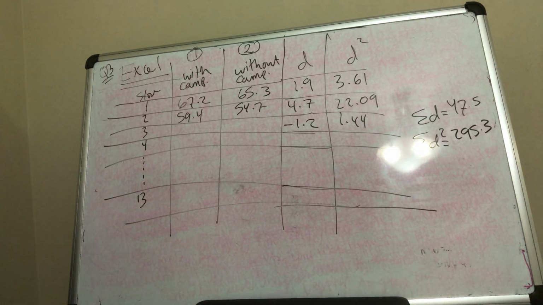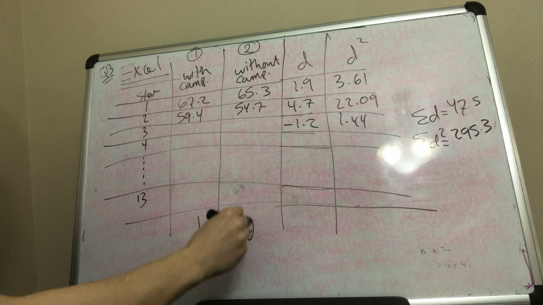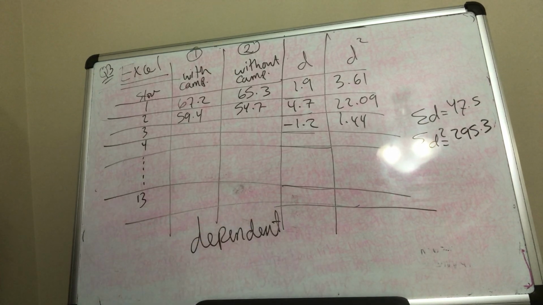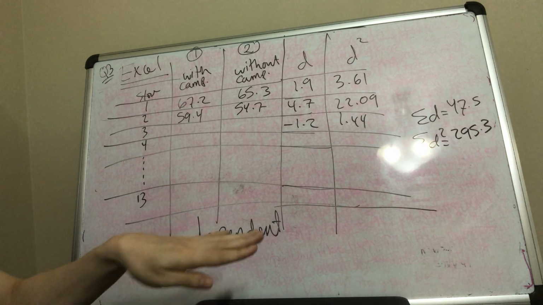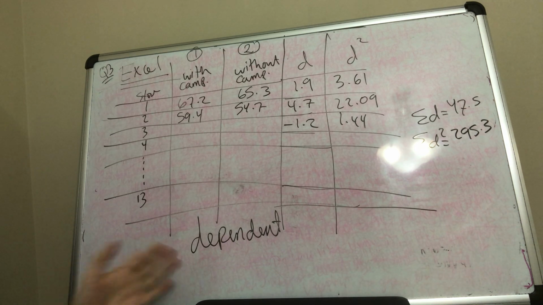Why we're doing this? Because this here is a dependent system. Two sample dependent. Why is it not independent like the previous two questions? Well, the accounting and the research, there were two separate departments, that's independent. Males and females, two separate groups, independent. Here, you have one group.